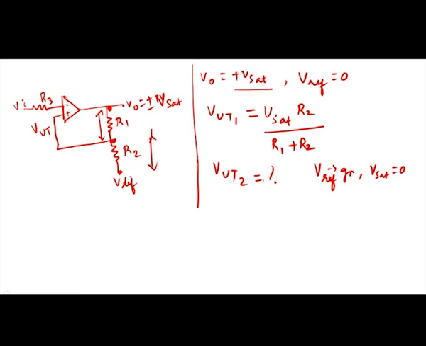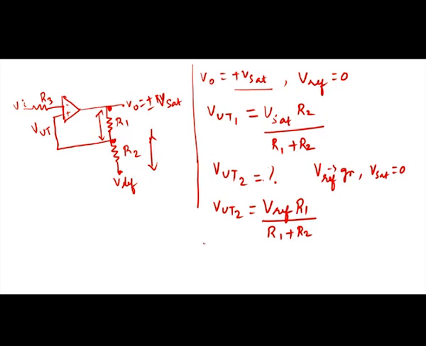Now, by using potential divider rule, this VUT2 is calculated as V reference, this is the voltage given to the circuit, V reference into the voltage across this R1 we have to calculate. So, into R1 divided by R1 plus R2. So, this is the potential divider rule.